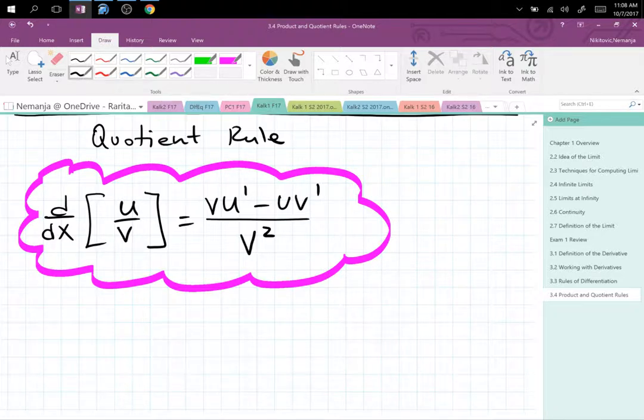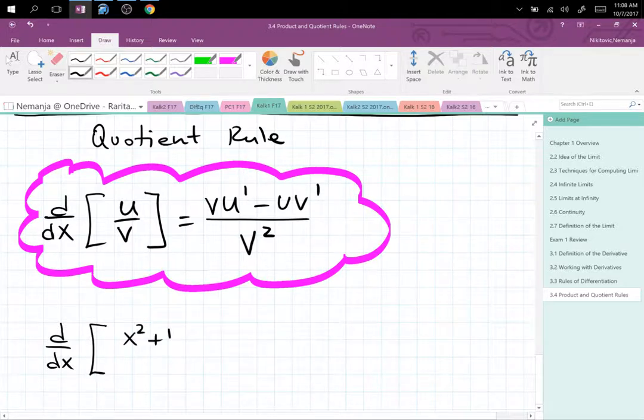Immediate example here. The derivative of x squared plus 1 divided by, say, x cubed.